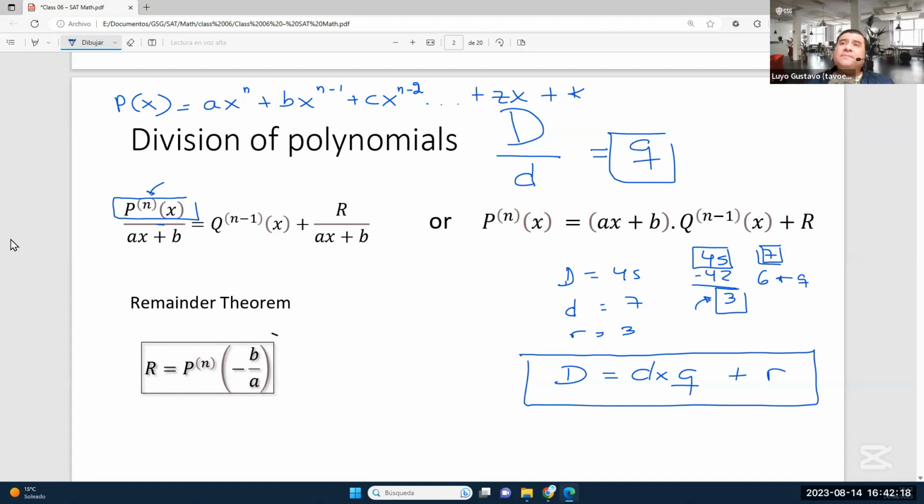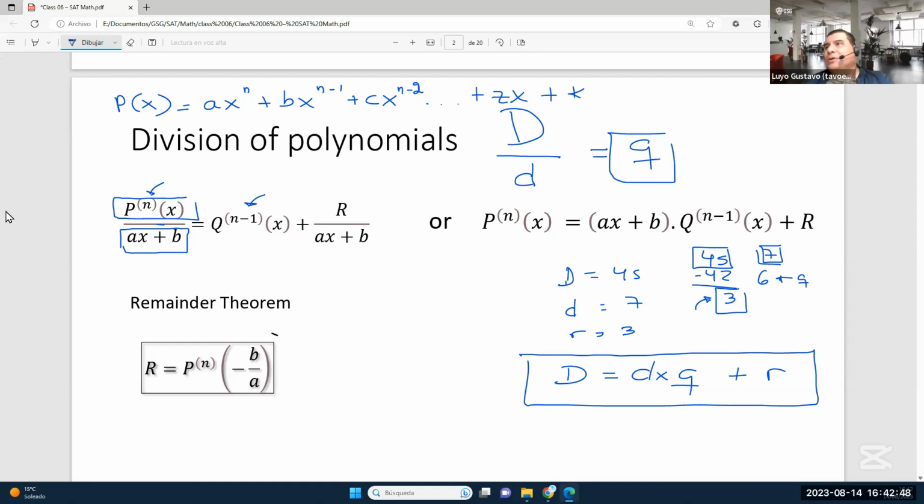Indicated by this super index. Now, if you divide a polynomial like this by another polynomial, let's talk about a binomial of this form, a times x plus b, you may obtain as the quotient of that division another polynomial whose degree has to be n minus 1.